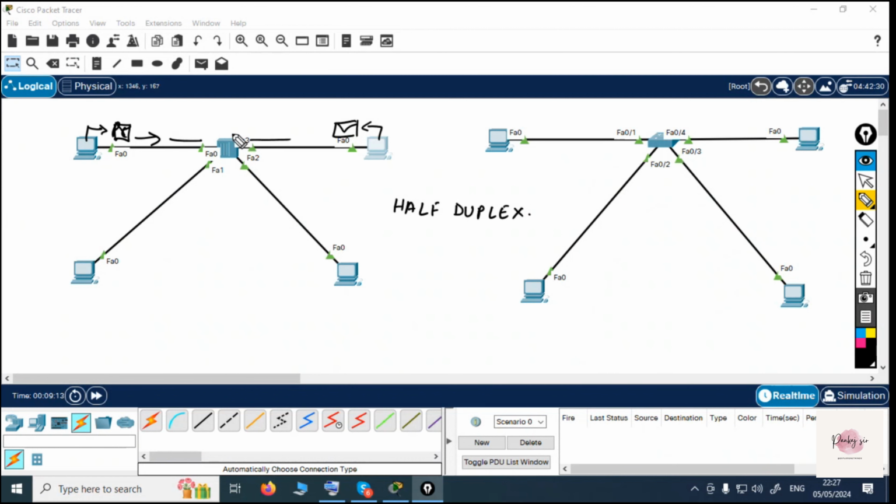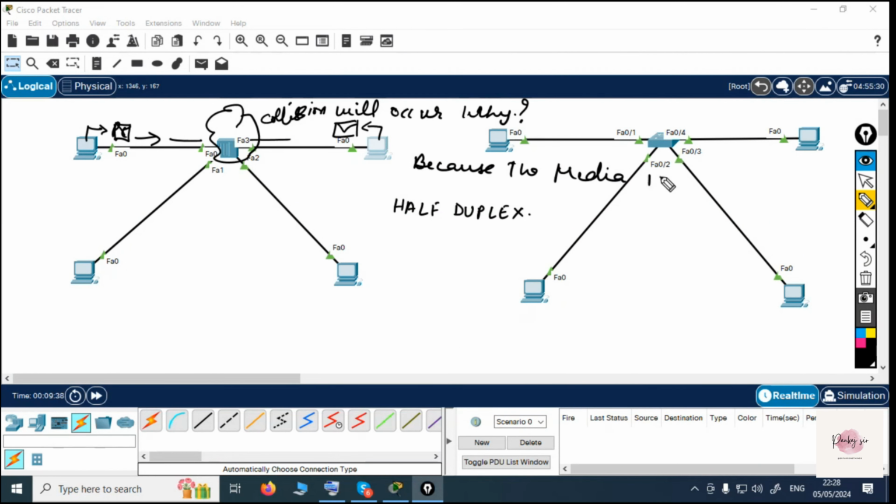The data will collide. Collision will occur. Why? Because the media is half duplex.